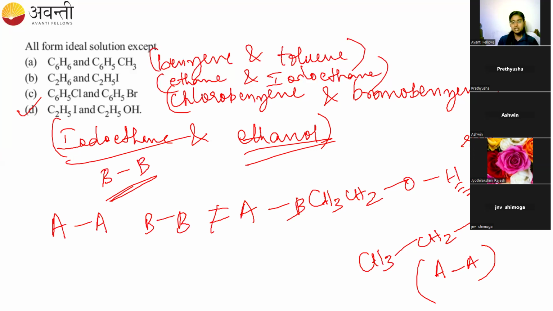If this is the case, then the solution will fall under the non-ideal case, which is an exception for ideal. The first three form ideal solutions, but the last one will not form ideal. It will form a non-ideal solution because of the strong hydrogen bond which one ethanol is making with another ethanol molecule. Okay. So is this clear?